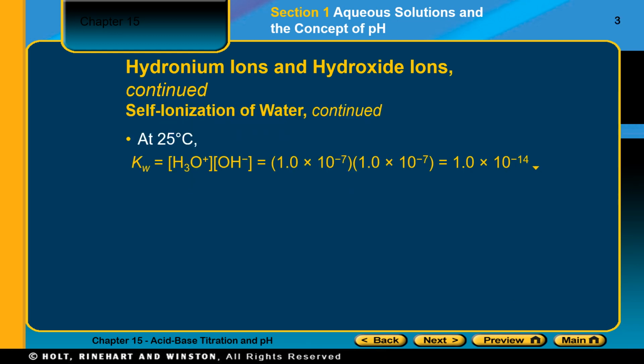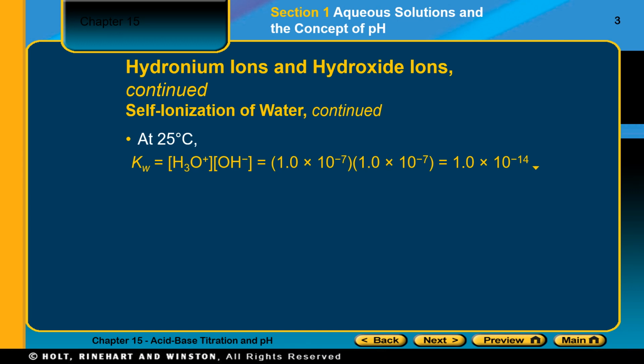So at 25 degrees, we know that the concentration of the hydronium ion, and notice again that when we put H3O plus in brackets, we're talking about its concentration, will be 1.0 times 10 to the minus 7 molar, technically, moles per liter. And the hydroxide ion concentration is also 1.0 times 10 to the minus 7.